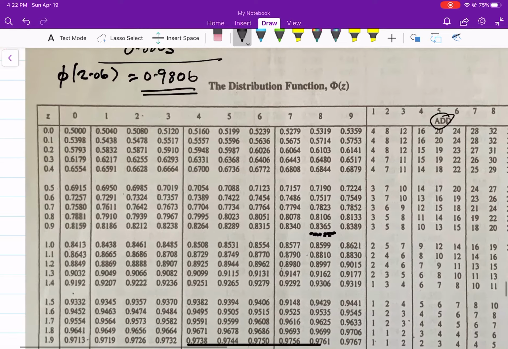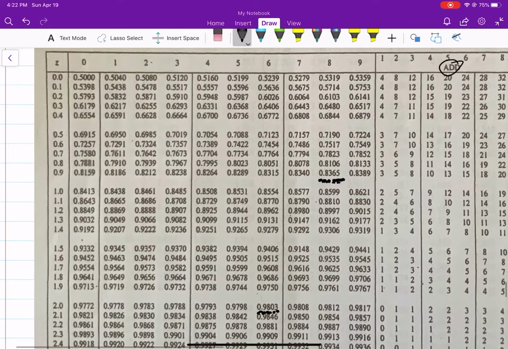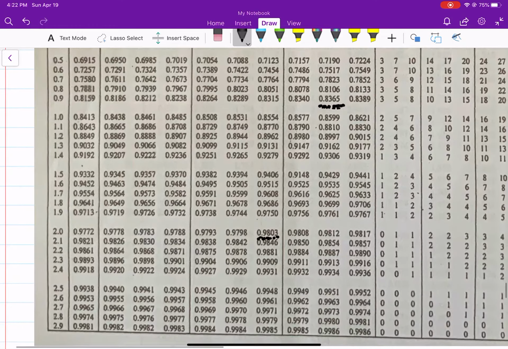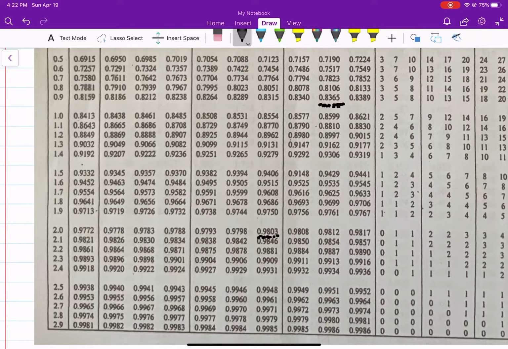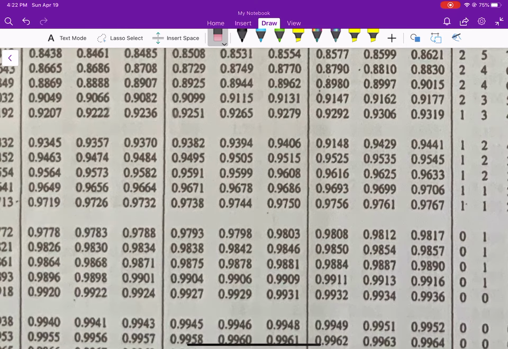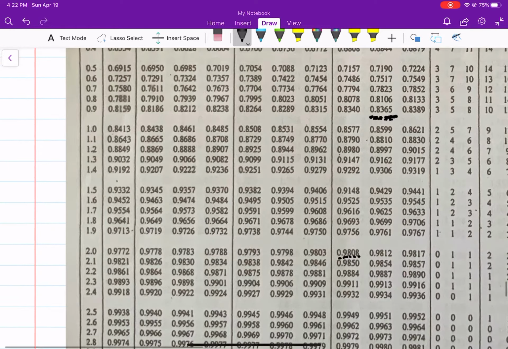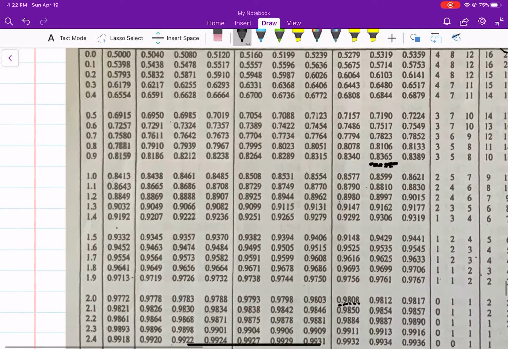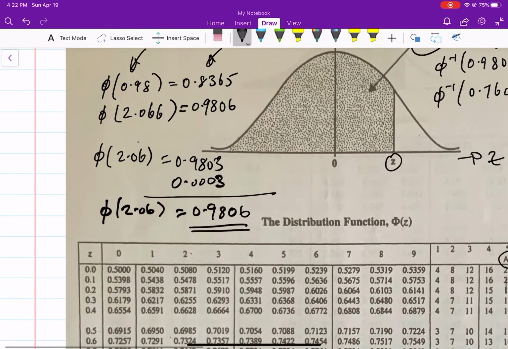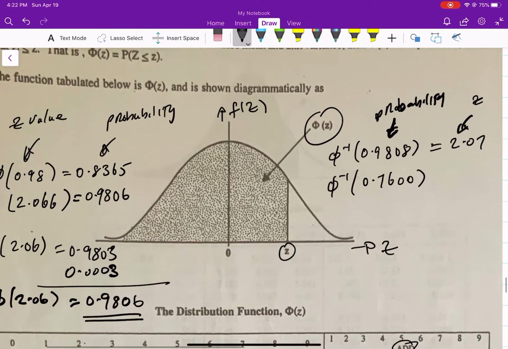I picked these two values on purpose. 0.9808 is this probability value right there. What z value is it associated with? 2.07. Right, 2.07. There's the z value right there.